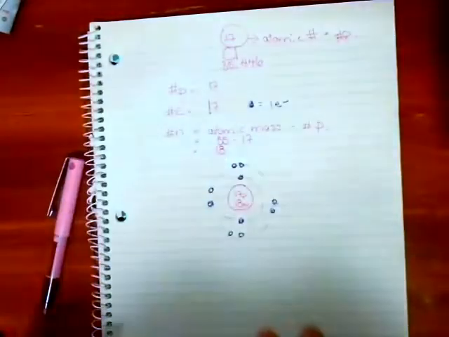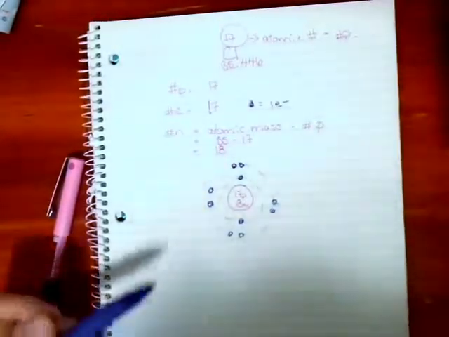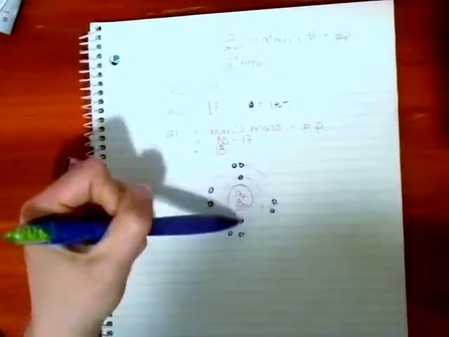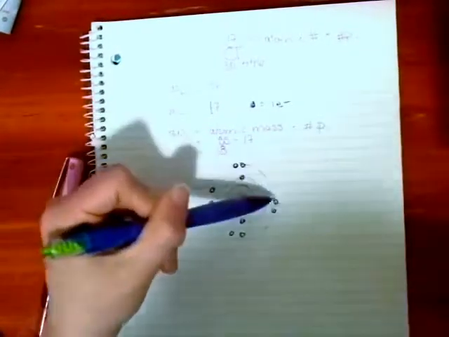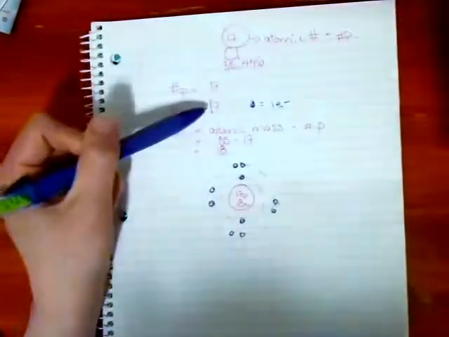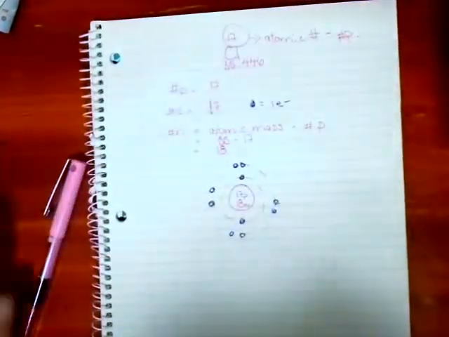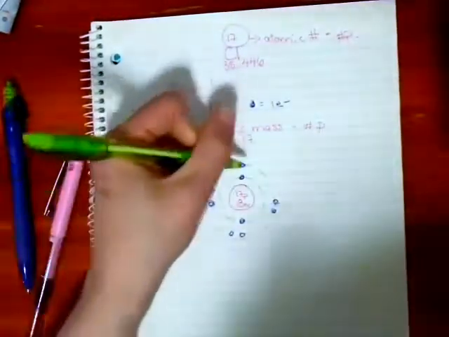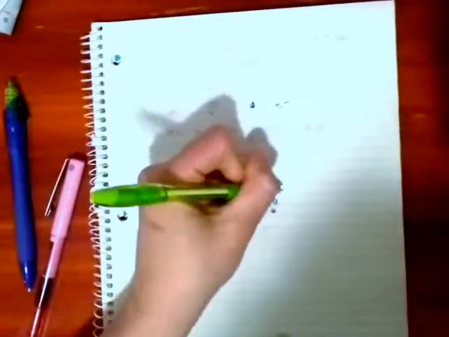Okay? So at this point in time, let's count the total number of dots I have on here. 1, 2, 3, 4, 5, 6, 7, 8, 9, 10. I need 17 total, so I still need 7 more. So I need another orbital.